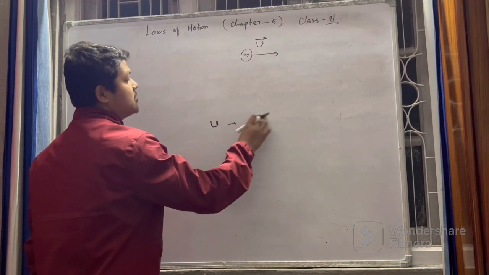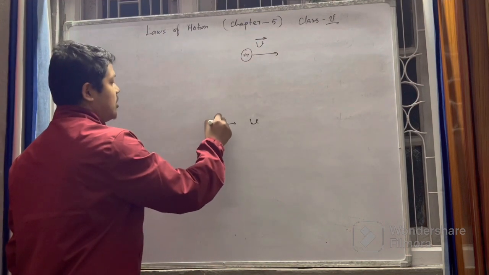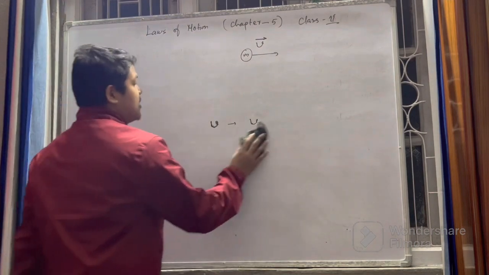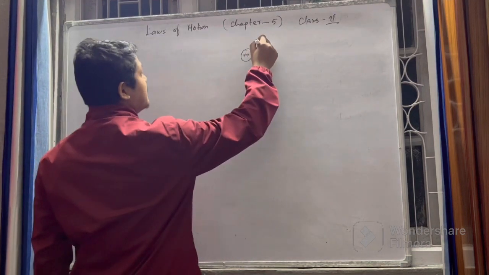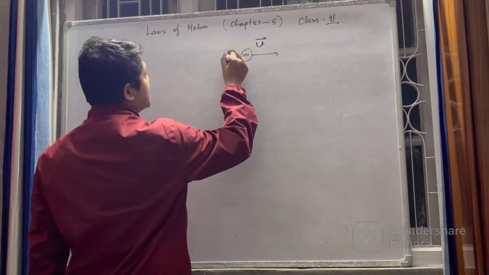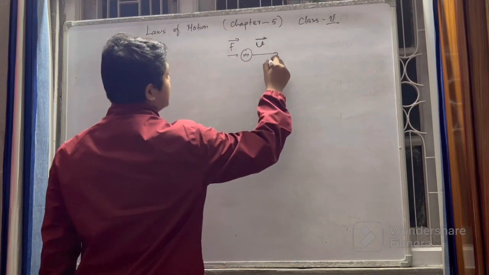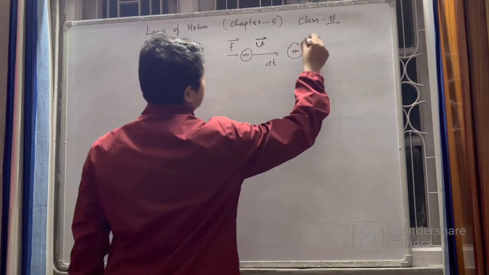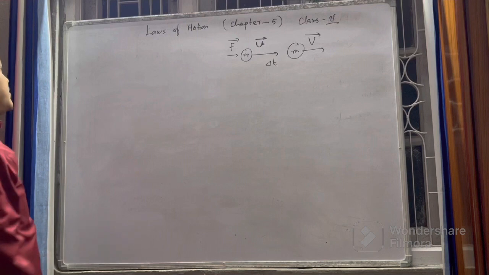Instead of writing an arrow, in your NCERT book they are using bold letters to represent vectors. Okay, so hope you know these things. Now it is moving with initial velocity u, and due to application of force F, its velocity after time del t becomes v, right?